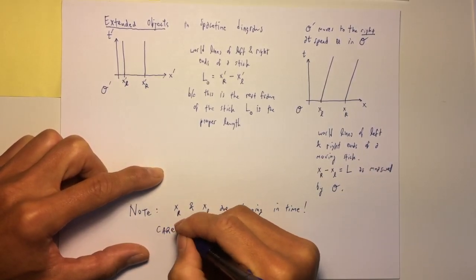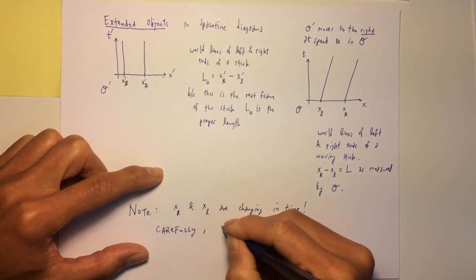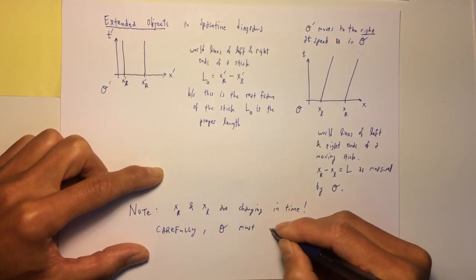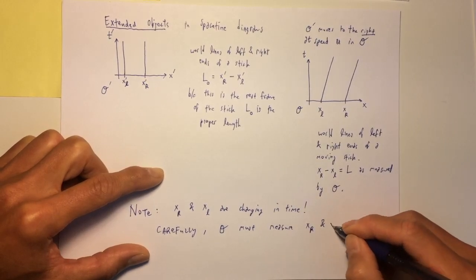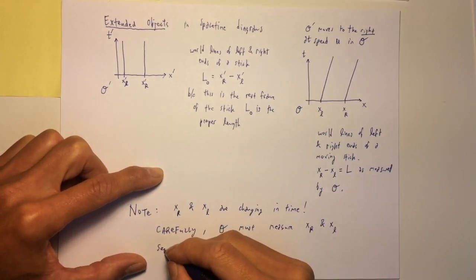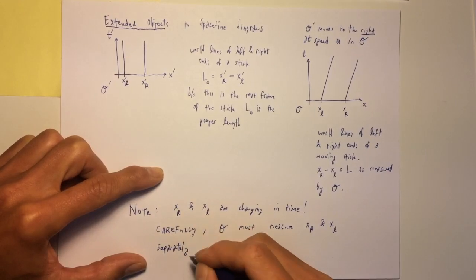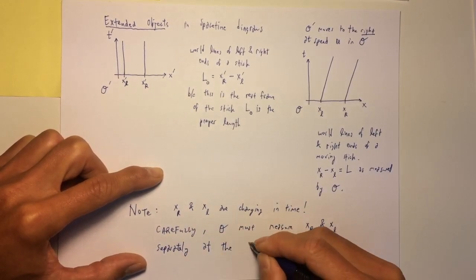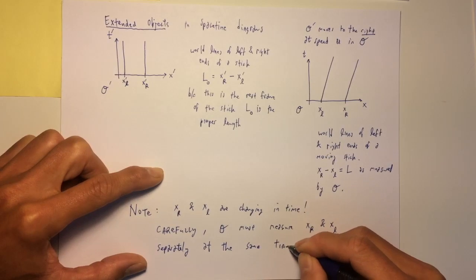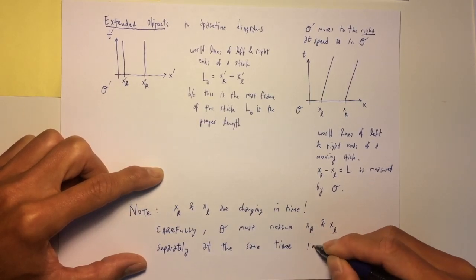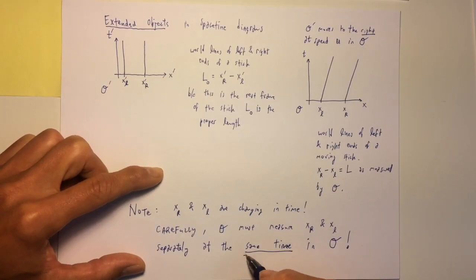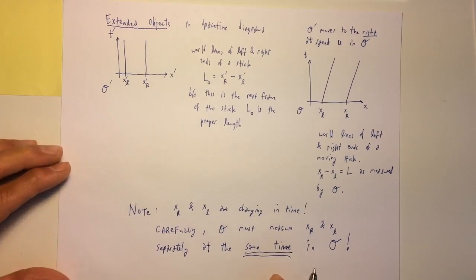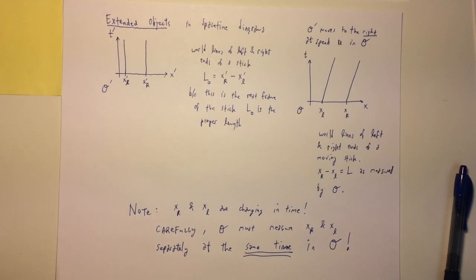So carefully, O must measure xr and xl separately at the same time in O. I alluded to this problem very early on about measuring the length of something that's moving.